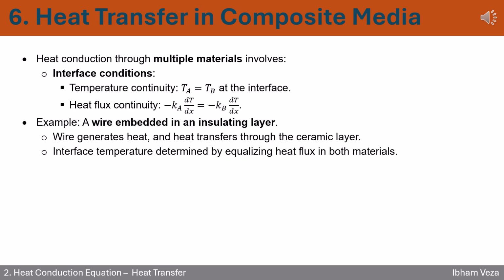A great example is a heated wire inside an insulating layer. The wire generates heat, and the heat flows through the ceramic to the surroundings. The interface temperature comes from balancing heat flux. This approach allows you to accurately model multi-material systems without overcomplicating your analysis.